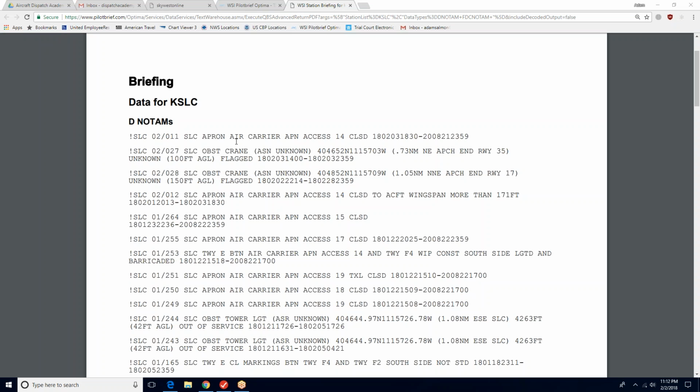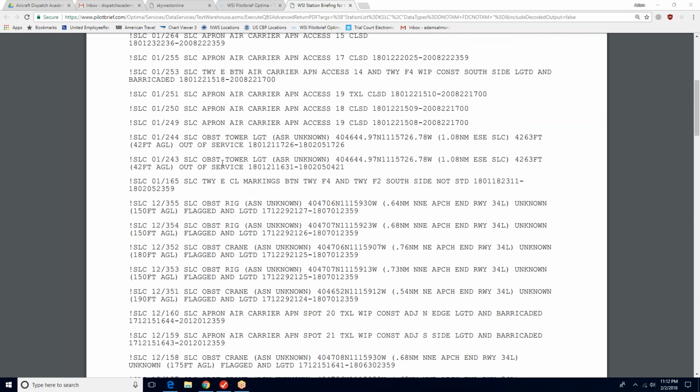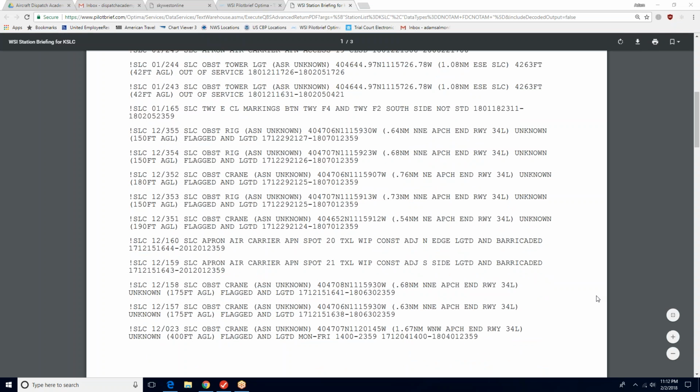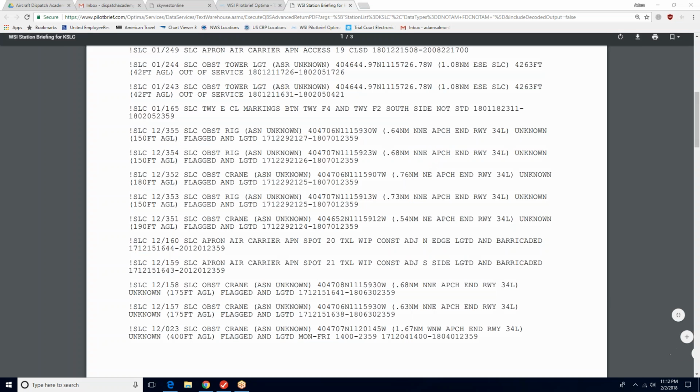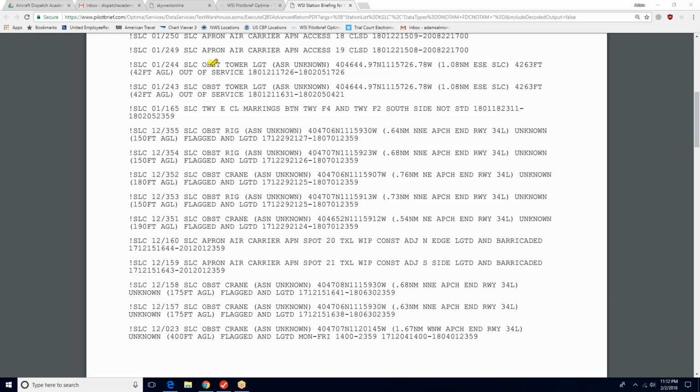So we don't even need to read the NOTAM until you see something that sticks out. Okay, now I'm down on this lower half. Just remember, this is your column right here. Obstacle, taxiway, obstacle.